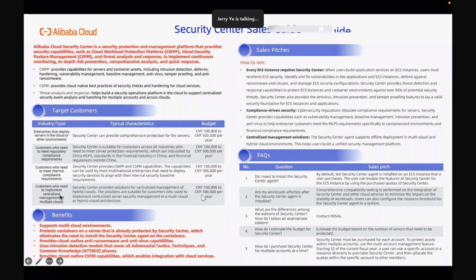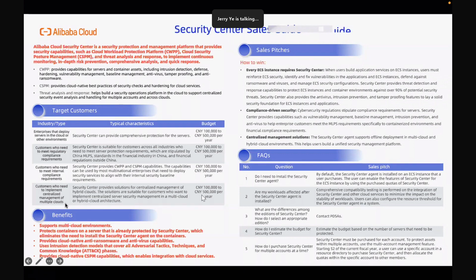The next one will be the customers who need to meet internal compliance requirements. Since some big European luxury customers' internal requirements, they show very clearly that anti-malware, antivirus is very necessary. The next one will be the customers who need to implement centralized management of multi-clouds.